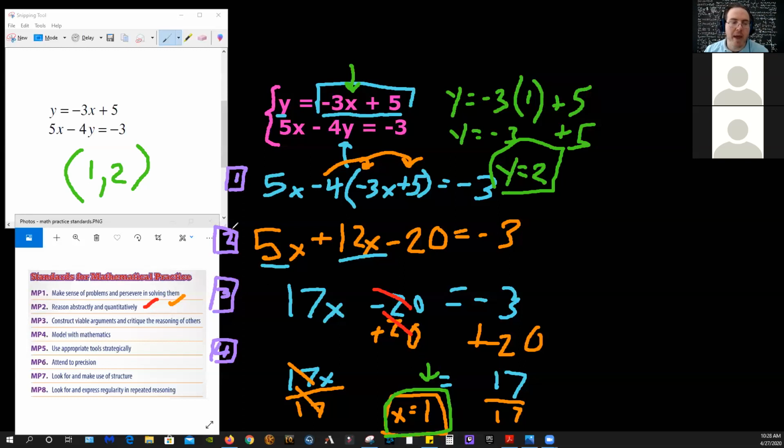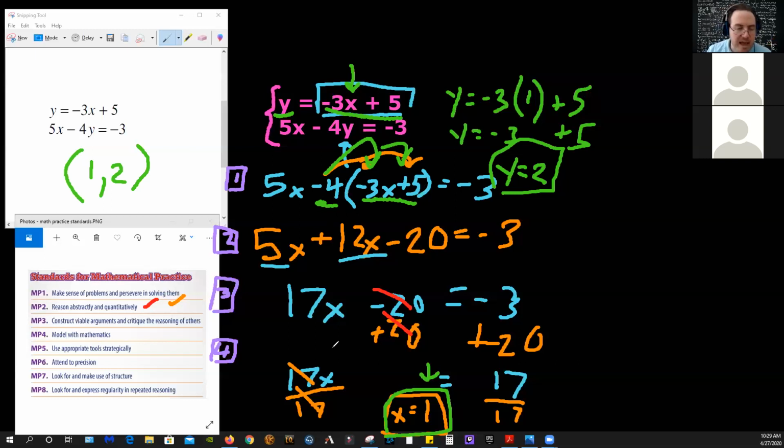Okay, cool. We'll backtrack up to number 2. Okay, so step 1, we rewrote the equation and we put in this for y. Step 2, we did the distributive property. We multiplied -4 times both terms. So -4 times a -3x is positive 12x, and -4 times positive 5 is -20.